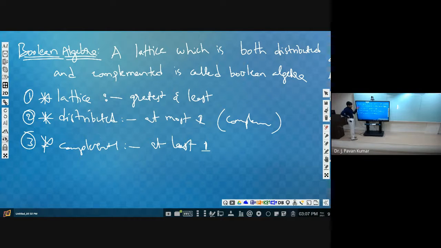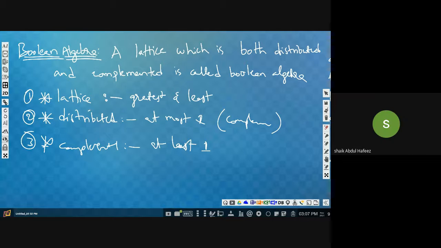Now, on top of this lattice, if it is distributive as well, that means at most one complement for every element, then we can say it is a distributive lattice, and at least one complement for every element, then we can say it is a complemented lattice. Now, if a relation is a lattice, distributive and complemented, then we can say such a relation is a Boolean algebra. Now, is it clear from where we have started and where we are now?